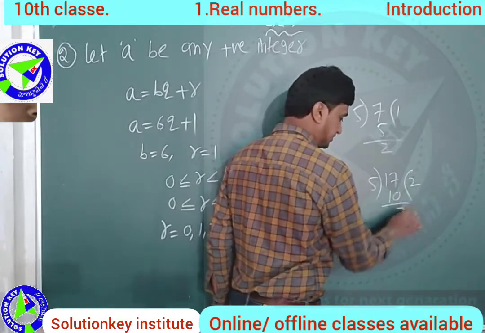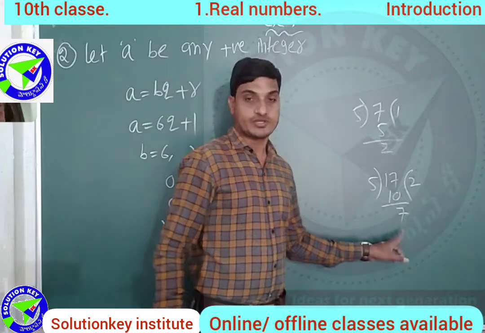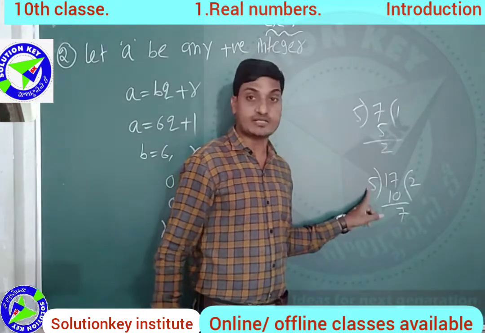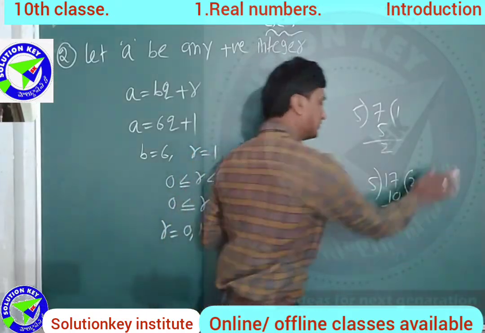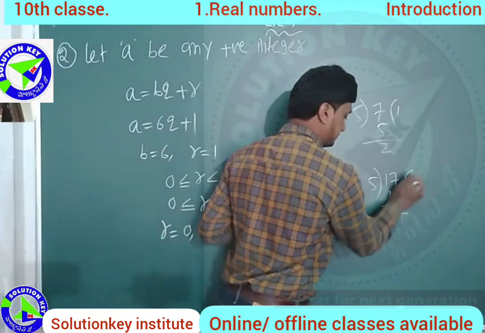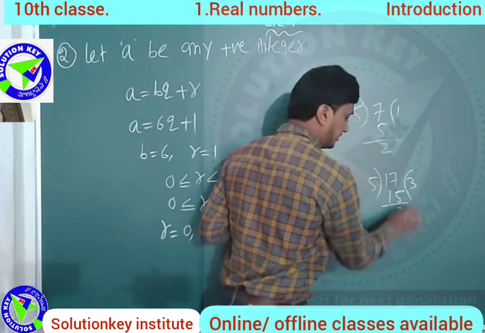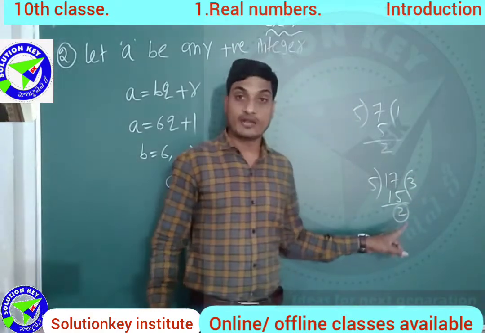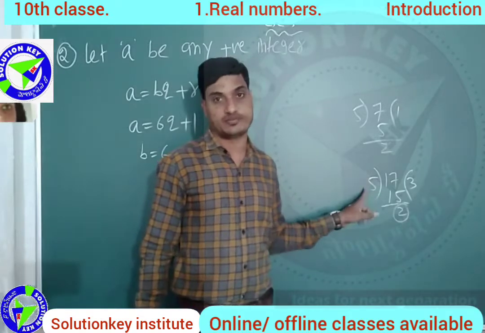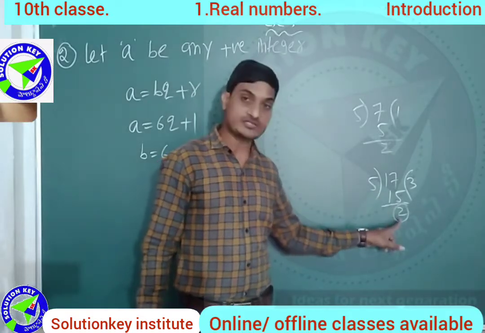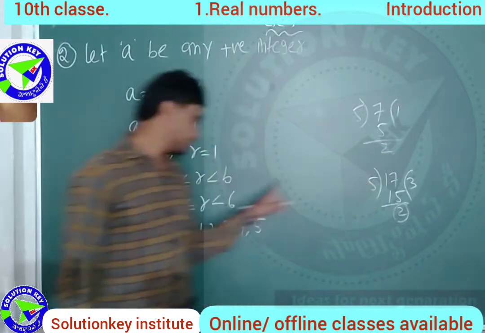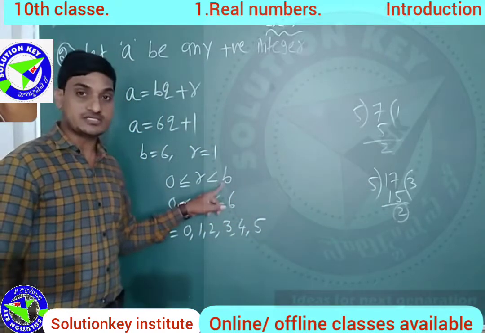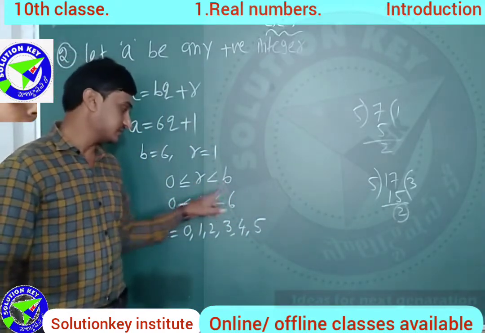Remember, 7 will not come. Why? Because you are taking in the 5 table. Then you have to take 5 3s are 15. Again you are getting the remainder is 2. Always the remainder is less than your b. Always your remainder is less than b.